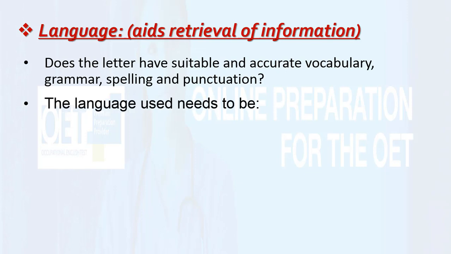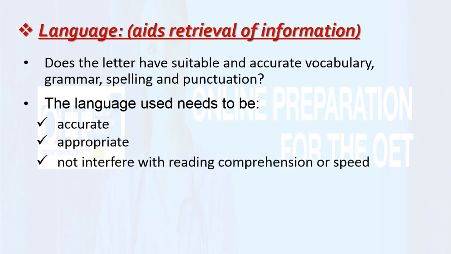So the language used needs to be accurate, appropriate, and not interfere with reading comprehension or speed. So I don't need to reread or keep reading one line or two lines more than once to be able to understand the general thing.